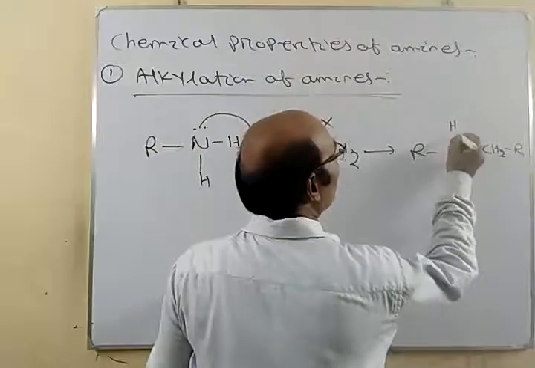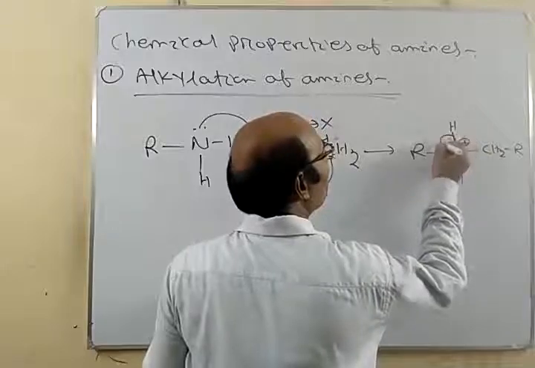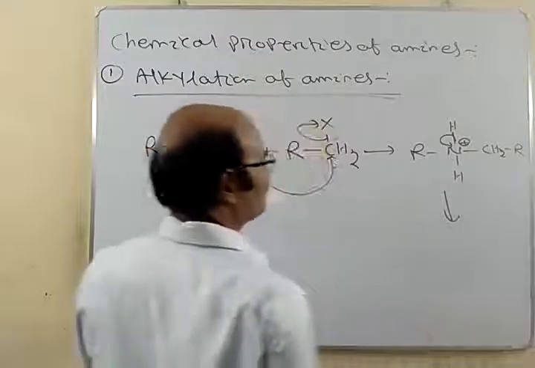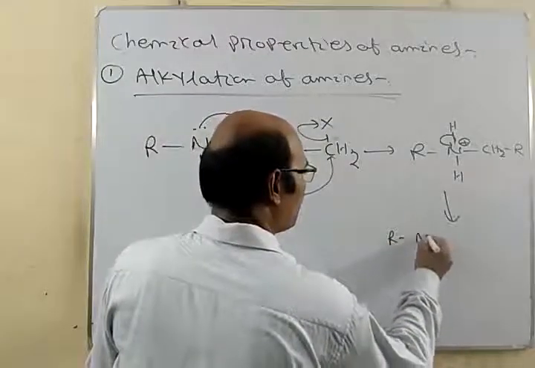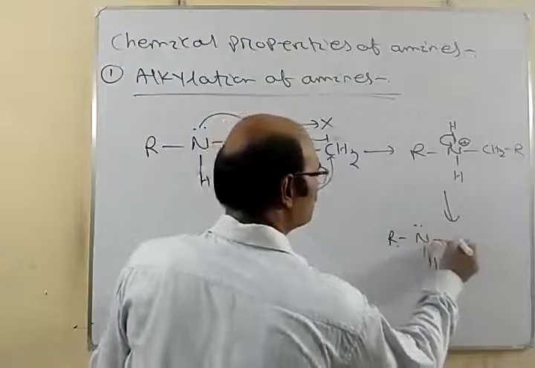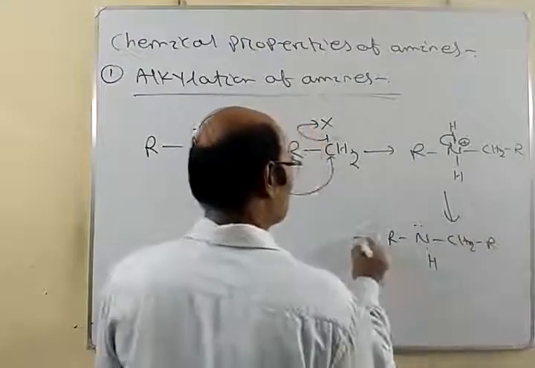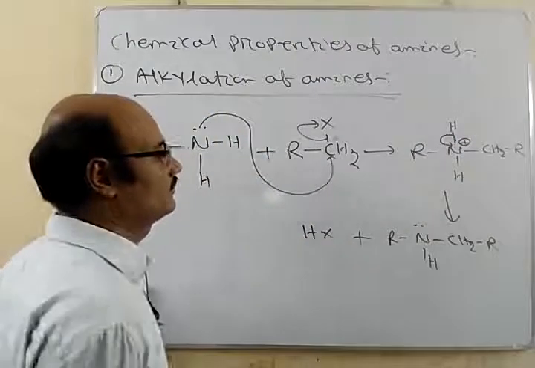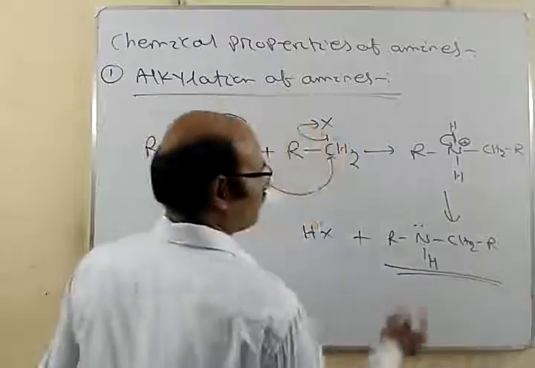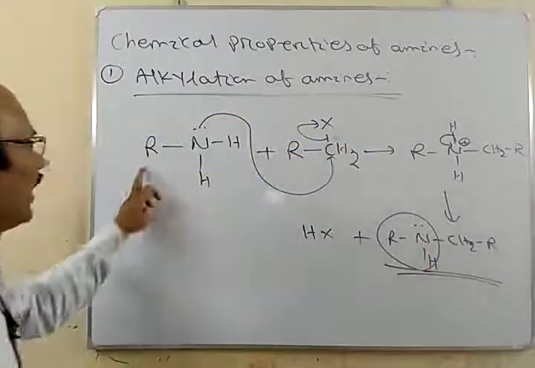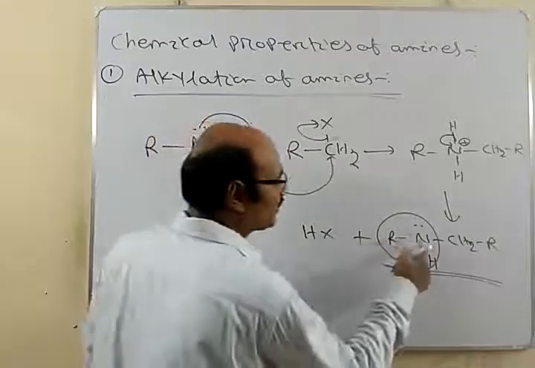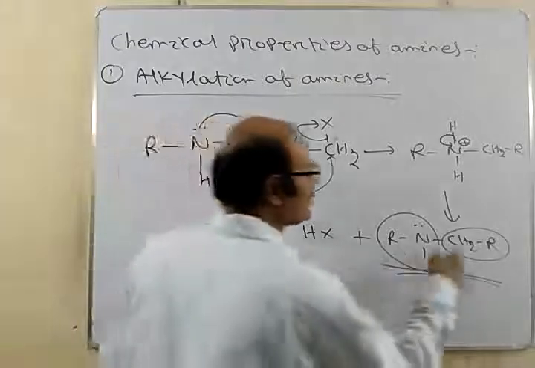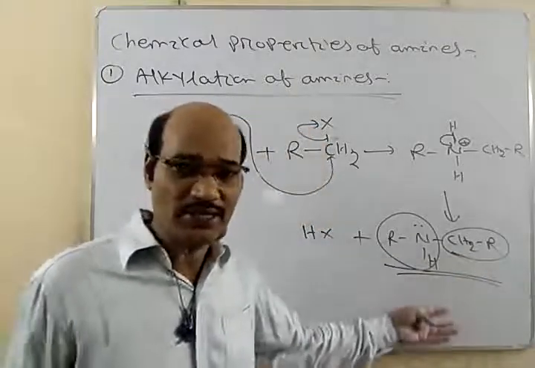Now one hydrogen leaves, so we get RNH CH2R plus X minus and H plus. So the amine RNH2 now becomes a substituted amine.